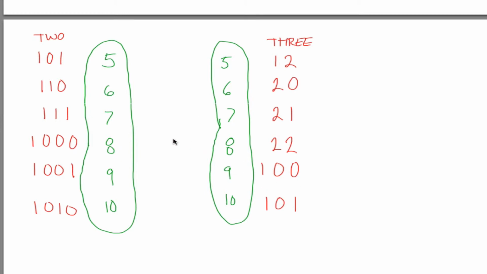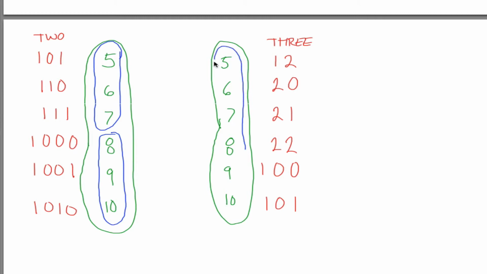You could draw all those arrows, or you can get clever about this and recognize that all of these elements have length 3, and all of these elements have length 4, and all of these elements have length 2, and both of these elements have length 3.